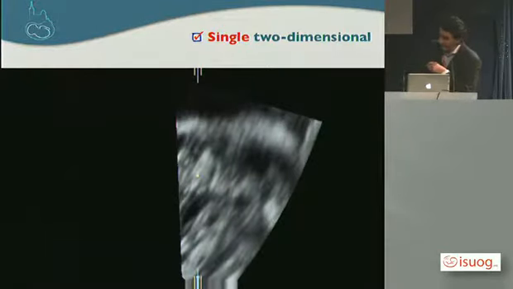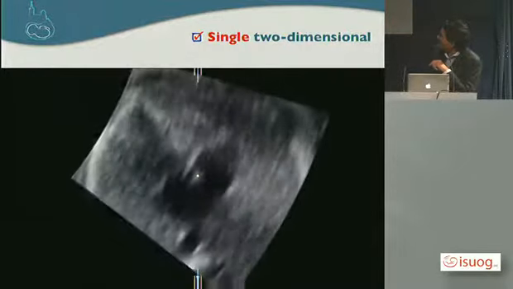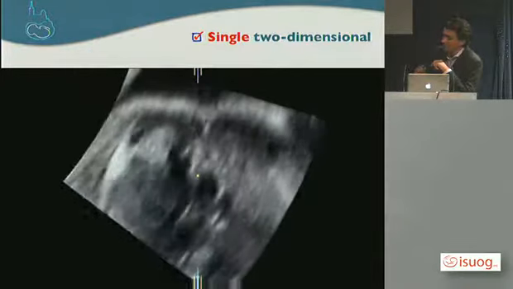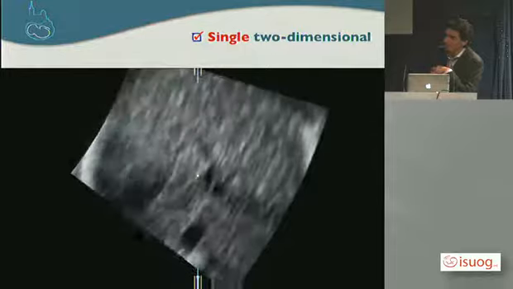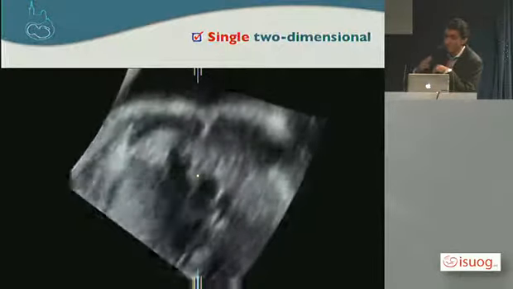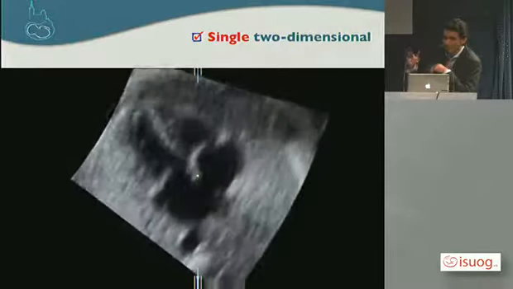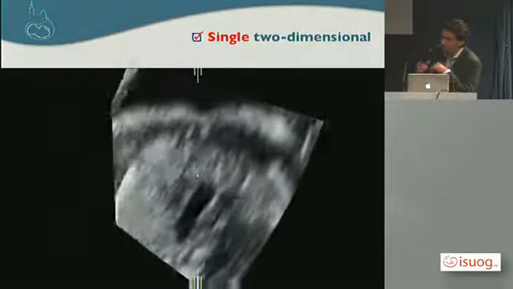Here we can see I chose voluntarily to have only one plane on the screen, and by scrolling through my volume dataset, it's possible, as Julien said just before, to make the virtual sweep. It's a virtual sweep of the target anatomy region of the fetal heart. You make an acquisition.